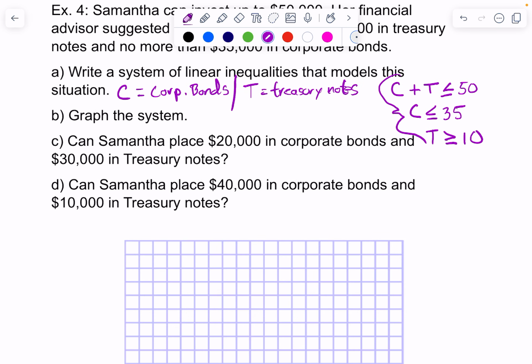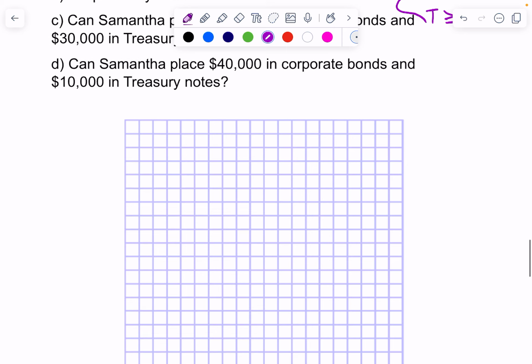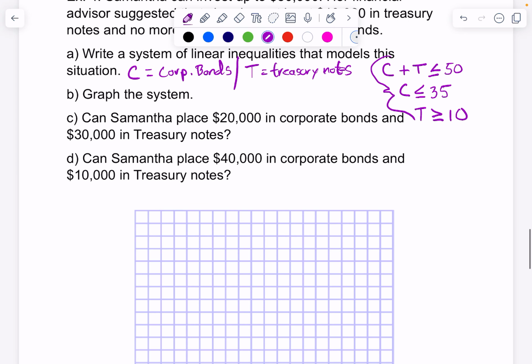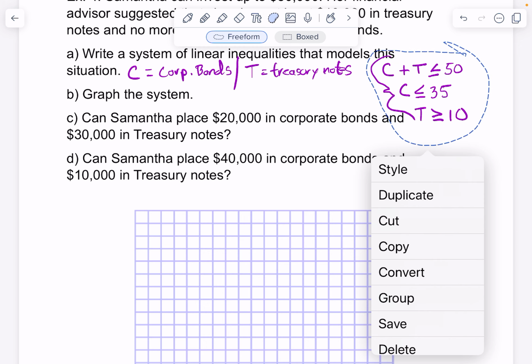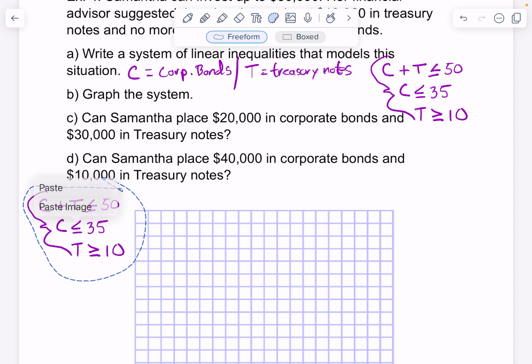Please don't stress out. Remember to use your intercepts, and also remember the power of vertical lines and horizontal lines. For example, in this particular case, let's go ahead and copy that, paste it over here.